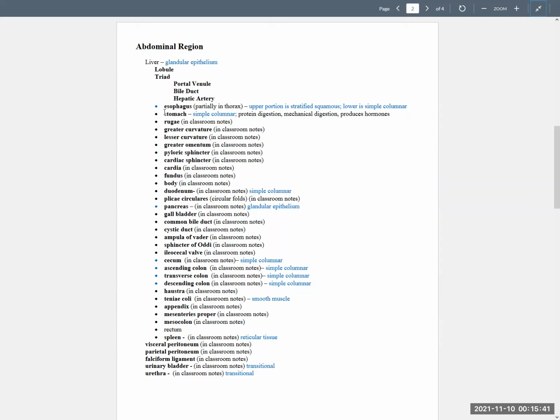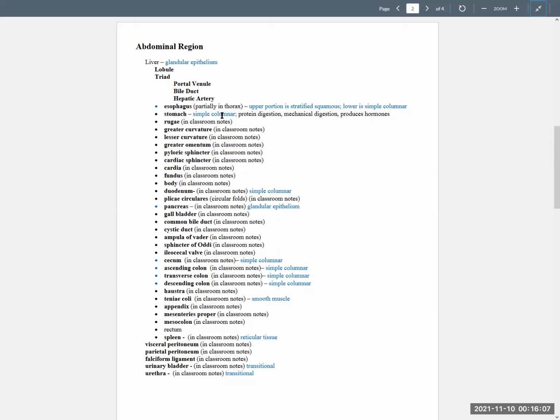So as you go through and you see esophagus, how many times have I said, upper esophagus is stratified squamous, lower is simple columnar. The stomach and the rest of the GI tract is simple columnar. You may not have an appreciation yet for what simple columnar looks like. You will in this section.